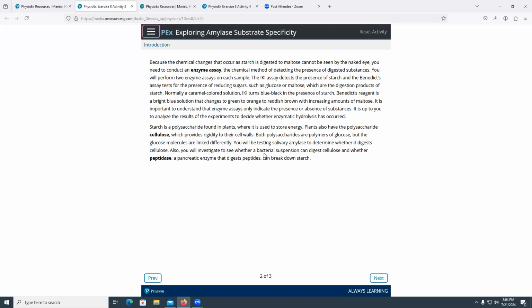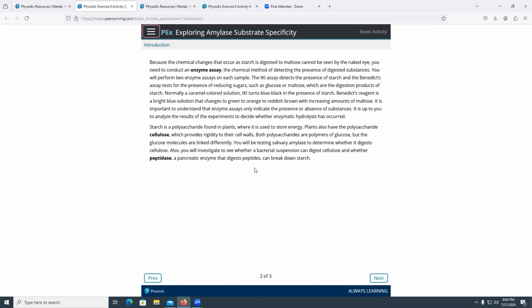You will also investigate whether the bacterial suspension can digest cellulose, as we said, and whether peptidase, and ending with lactase, work. Peptidase cuts peptides. Maltase cuts maltose. Lactase cuts lactose. Sucrase breaks down sucrose. A pancreatic enzyme digests peptides.